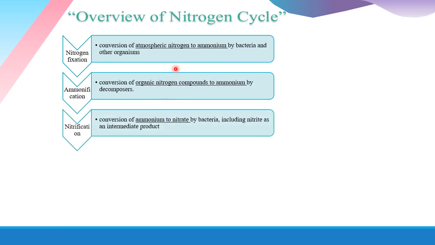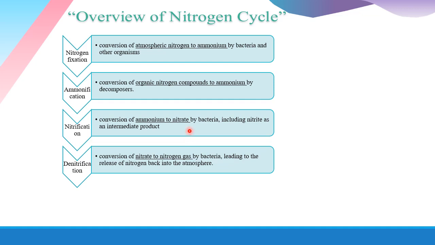The above two processes describe how ammonium is assimilated in the soil. Nitrification is the conversion of ammonium into nitrate by bacteria, and nitrite is an intermediate step in the process of nitrification.